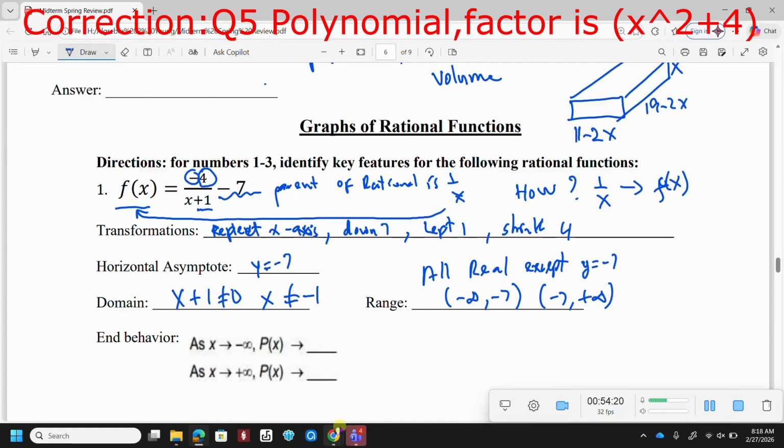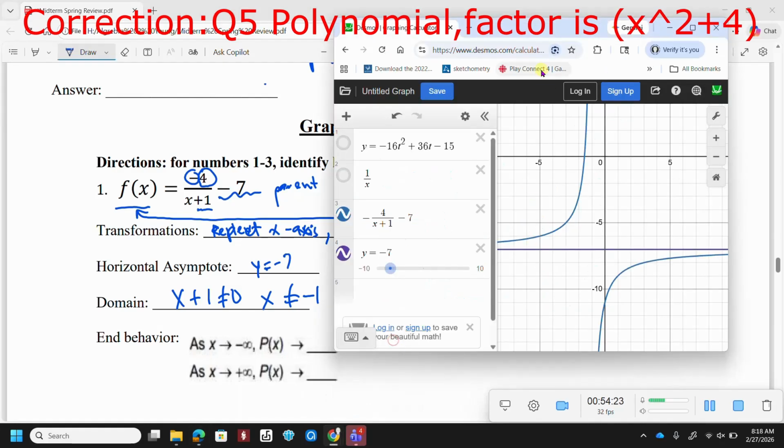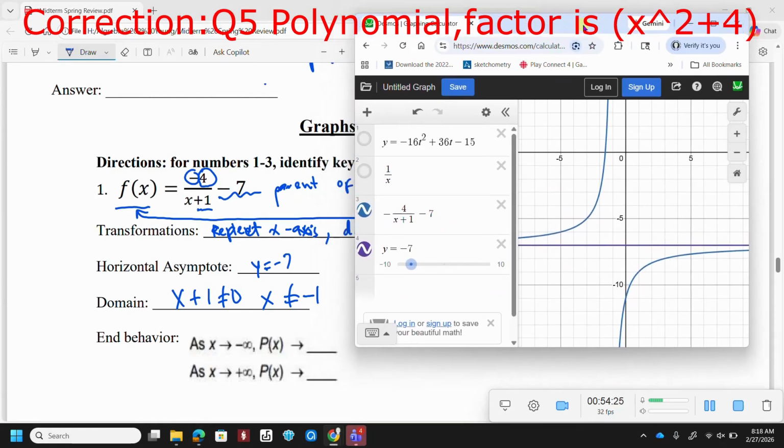Now the end behavior, be careful with this. So x goes to negative infinity, where is the graph going? To -7. Look at this right here. Negative infinity goes to the left. So every time x goes to negative infinity, it is going to the left, where the graph is getting closer to y equals -7.